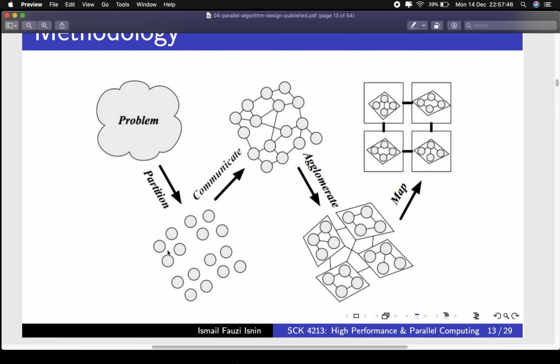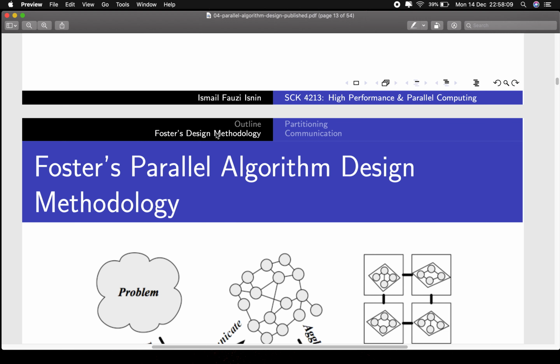After you already partition it, you will specify what the problem is, so you will be grouping them. And after you finish partitioning, you will move on to the second method, which is communication.